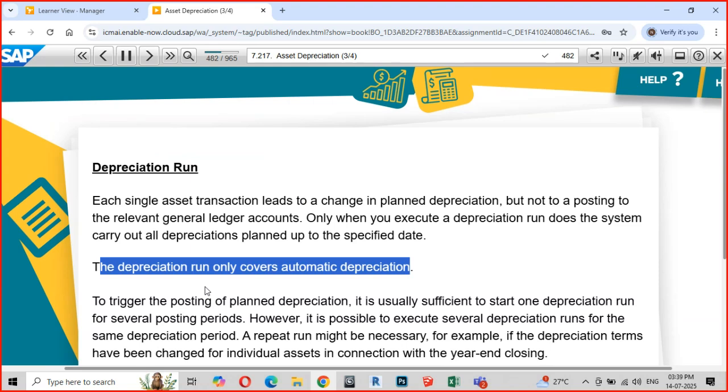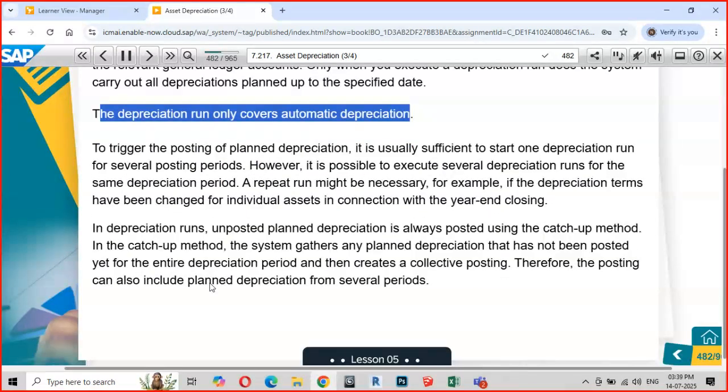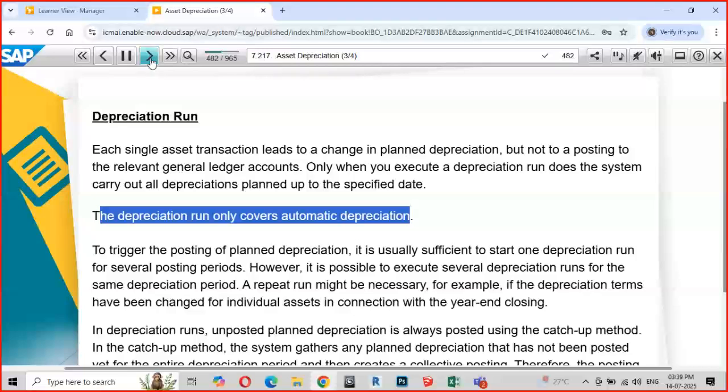The depreciation run only covers automatic depreciation. Clear? Any questions, please come back. Okay.